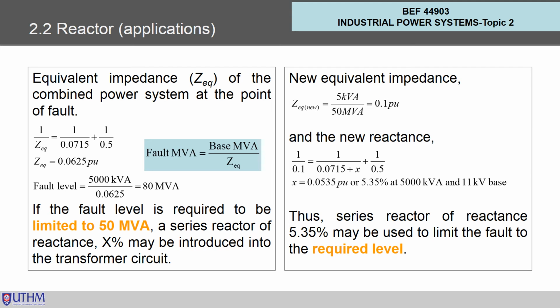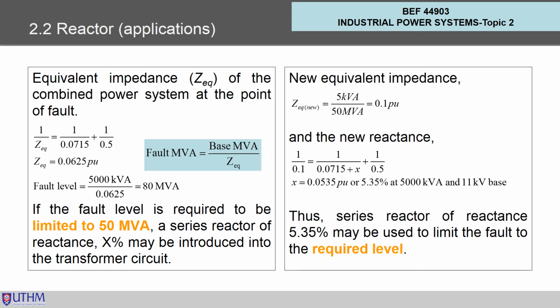Next we have to solve for the fault level. Before that, we have to calculate first the equivalent impedance of the combined power system at the point of fault. As we know, the fault occurs with a parallel condition of the transformer and also the generator.